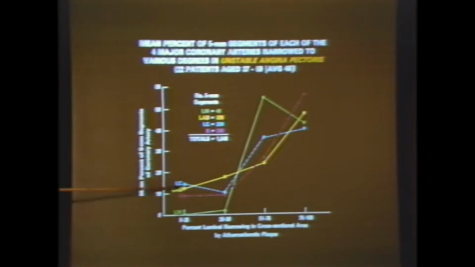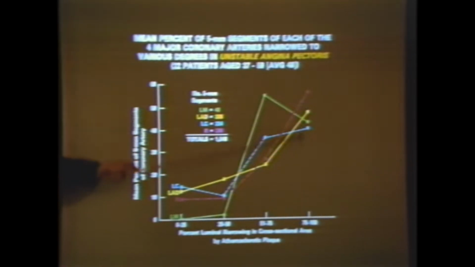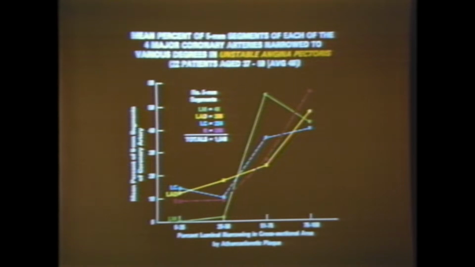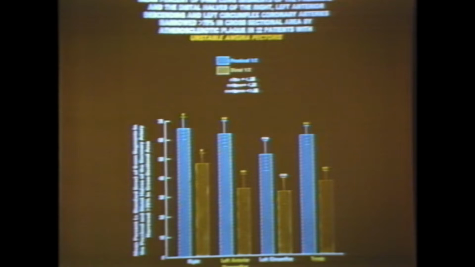Not only were these three arteries, the left circumflex, the LAD, and the right, parallel in the amount of narrowing or the lack thereof, just like in the other groups, but unfortunately these three arteries were joined by the left main, so that in these patients with unstable angina, over 40% had severe narrowing of the left main coronary artery. Now, a number of groups have shown that there is a high frequency of significant narrowing of the left main in patients with unstable angina, and this study also shows that.